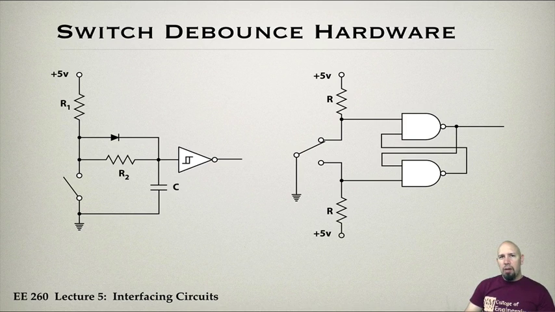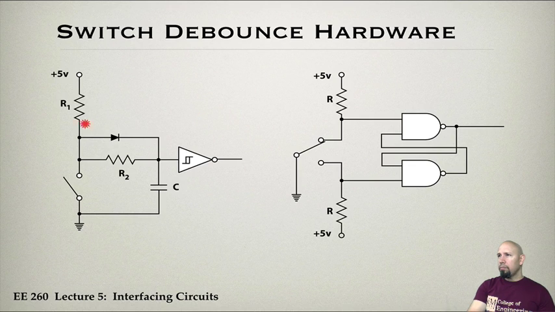So if we're looking at a high to low transition, you might get several transitions occurring in a very short amount of time, where you really only wanted one transition. That's the notion of bouncing, and it's a very significant problem when you hook up a mechanical switch. If you have an optical switch, it's not the same thing. You don't get the bouncing, but with a mechanical switch, you can expect to have bouncing.